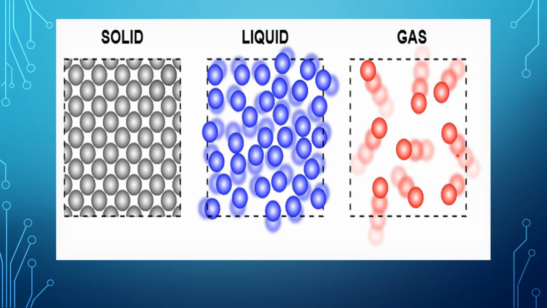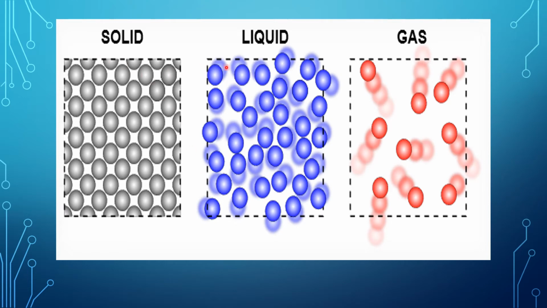This time, as you can see on the picture, we have solid, liquid, and gas. This picture shows an elementary question from your teacher: what is the difference of the molecules of the three different states of matter?